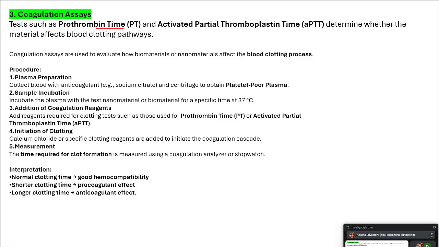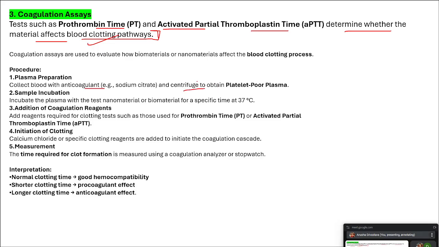Tests such as prothrombin time and activated partial thromboplastin time determine whether the material affects blood clotting pathways. Ideally, a hemocompatible material shall not affect the blood clotting pathways. So collect blood with anticoagulant, so that while you are collecting the whole blood and bringing it to your laboratory or place of analysis, it does not coagulate before you start the analysis.